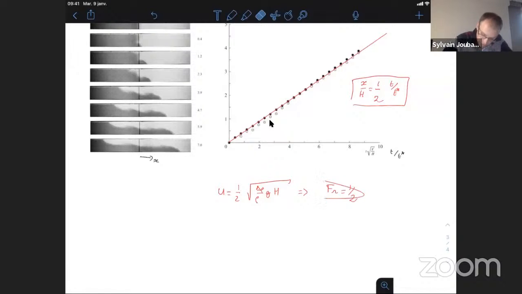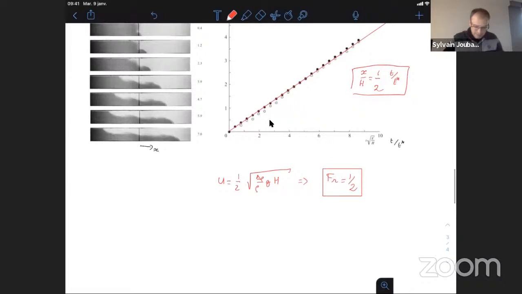Meaning that, knowing the Froude number, you know at which velocity the gravity current will go. And that's a result that is taken from the experiments.